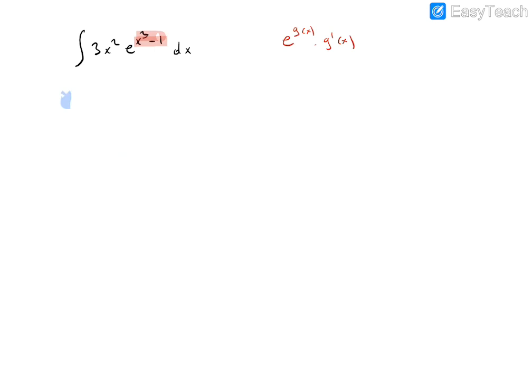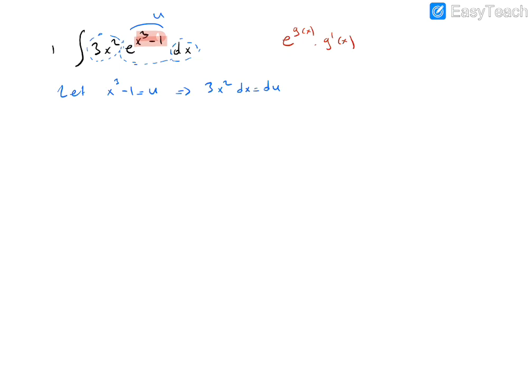So here, let x cubed minus 1 be u. So this implies differential of x cubed is 3x squared. Derivative of minus 1 is 0. So du equals 3x squared dx. So in this formula, if we say this is u, this component with the dx, okay, 3x squared times dx gives us du.